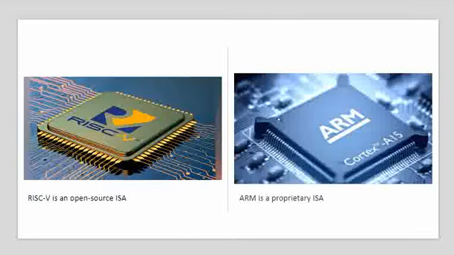And then why RISC-V is gaining traction basically. RISC-V is an open source ISA. That means you can build your controller around RISC-V as this is open source. Now ARM is a proprietary one, right? So many of the companies buy this proprietary IP and then build their specific controllers.